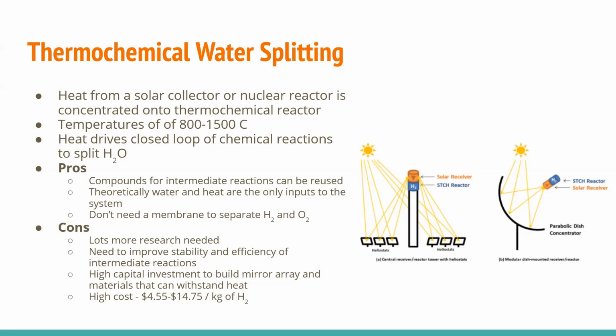There's also a really high capital investment if you use the solar concentrator method. These fancy mirrors can cost quite a bit. And so if we look at the costs, we're rising in costs now. Minimum cost is around $4.55, and then going up into more than $10 per kilogram of hydrogen created. Next slide.